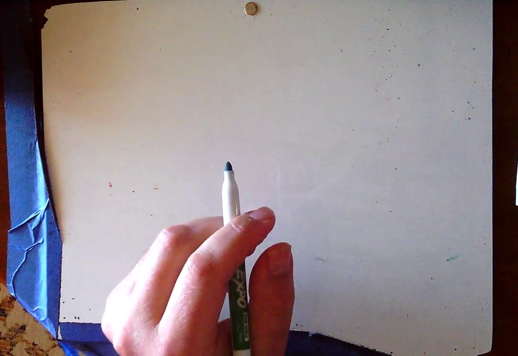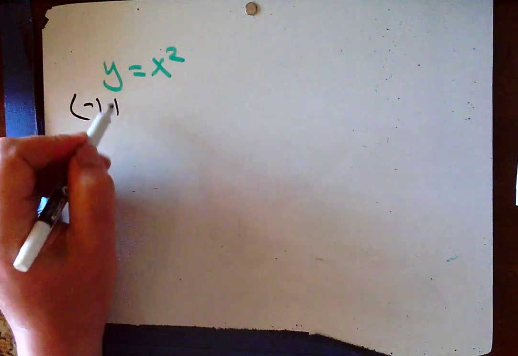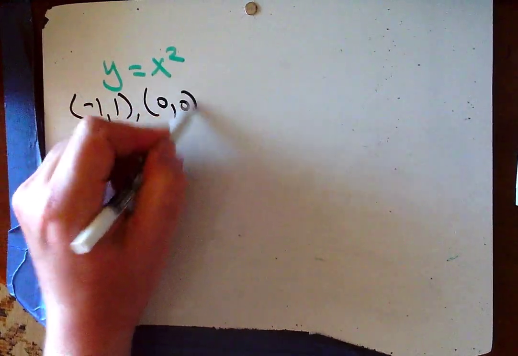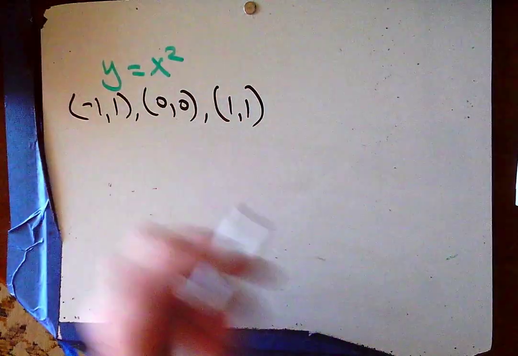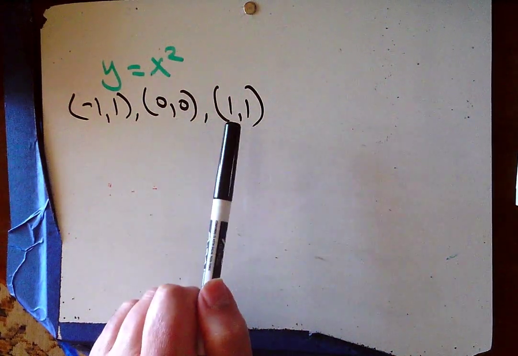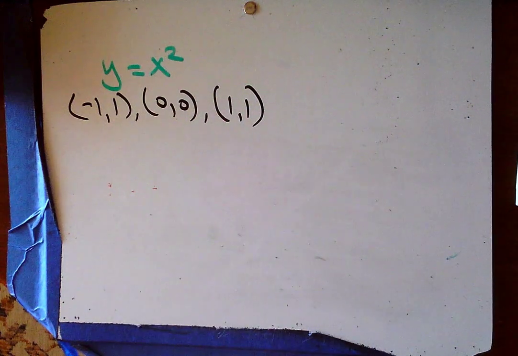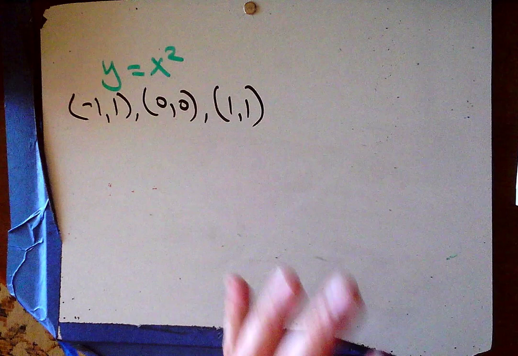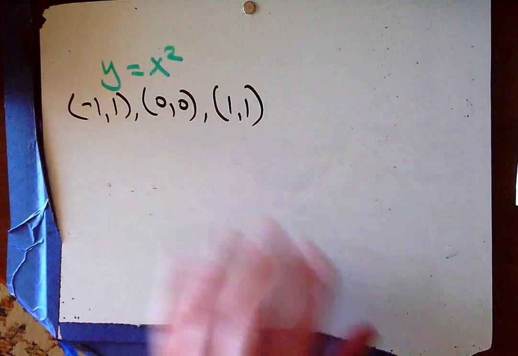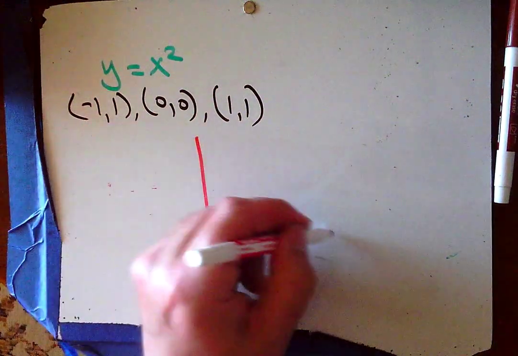Okay, so our next reference graph, y equals x squared. Well, this one has the reference points, negative 1, 1, 0, 0, 1, 1. Now, you may notice that these are in fact the same reference points that we had for y equals absolute value of x. So it's not going to be sufficient just to know what the reference points are. I also have to know what's the shape of the graph.